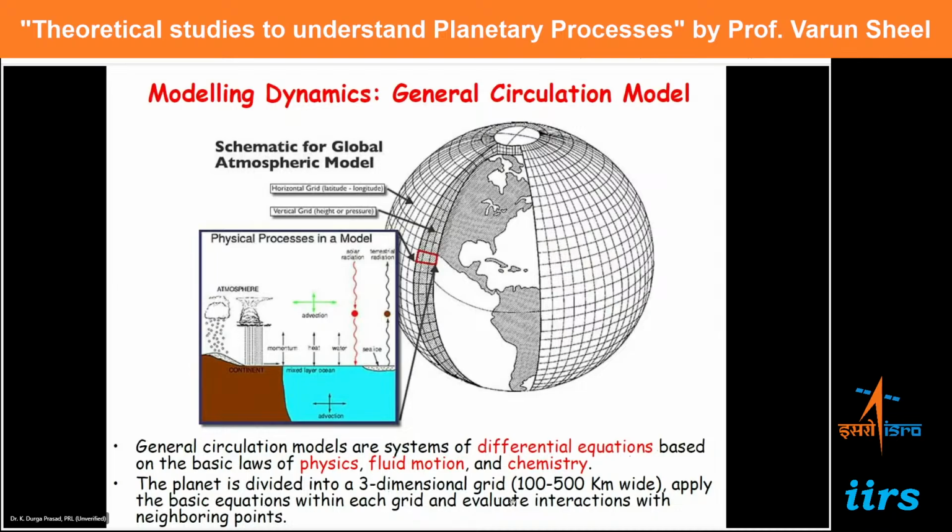As I have mentioned previously, each grid can be small or large, anywhere from 100 to 500 kilometers wide. Apply the basic equations to each of these grids, and then evaluate whatever results we get. You see what is the effect of those results on the neighboring grid.